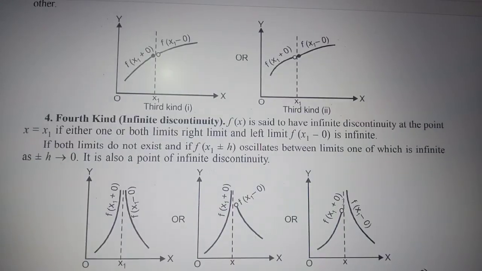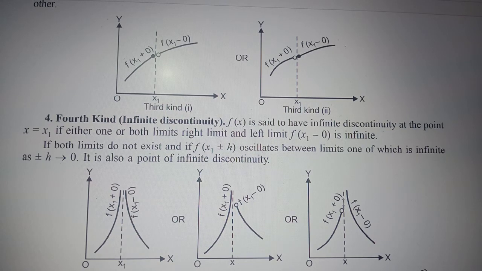Okay, and what is meant by fourth kind discontinuity? That is known as infinite discontinuity. f(x) is said to have infinite discontinuity at the point x equal to x1 if either one or both limits, the right limit and left limit, f(x1 minus 0) and f(x1 plus 0), are infinite.